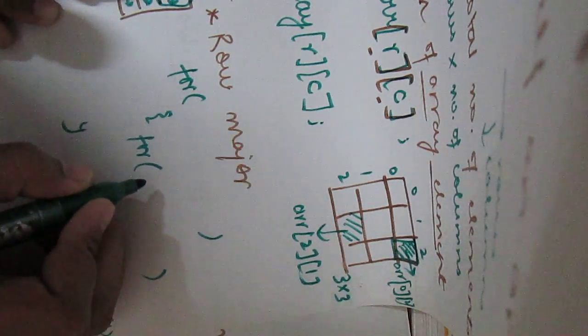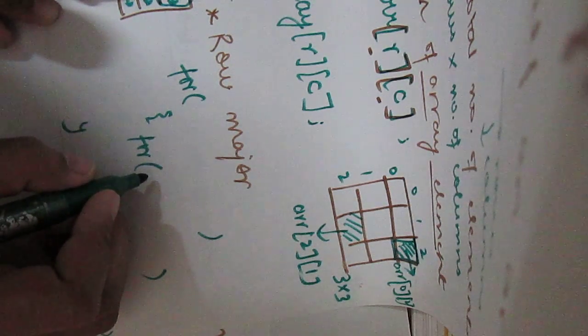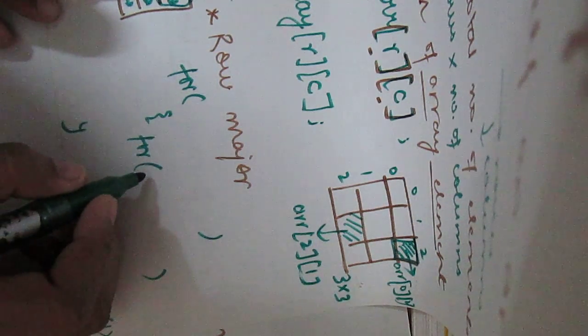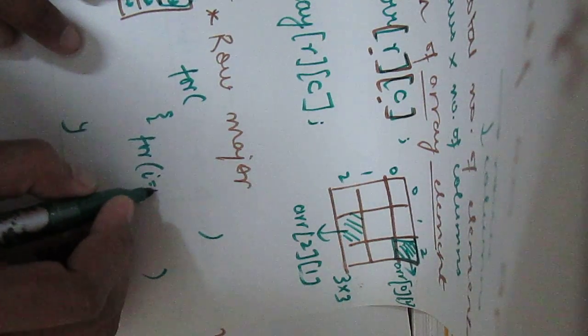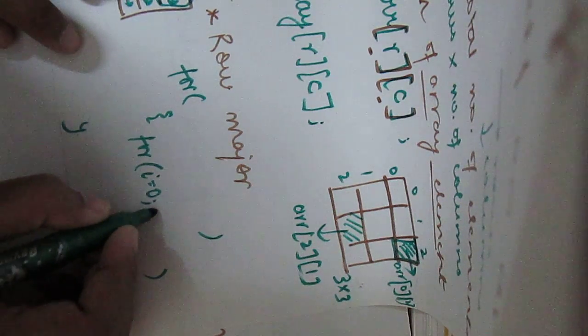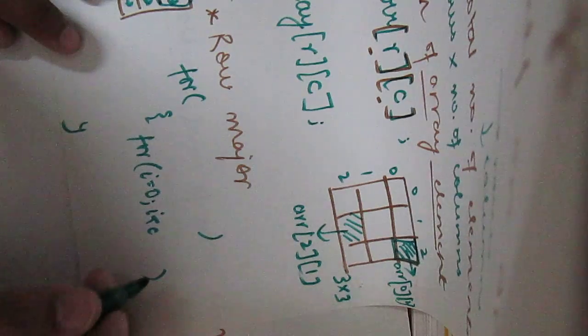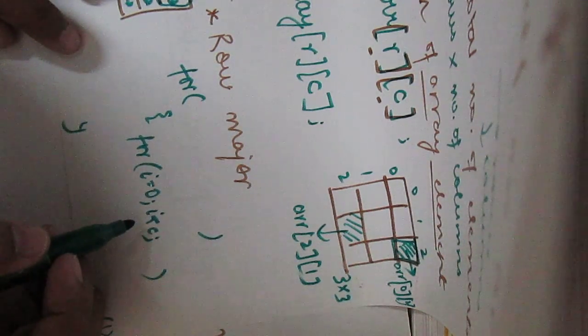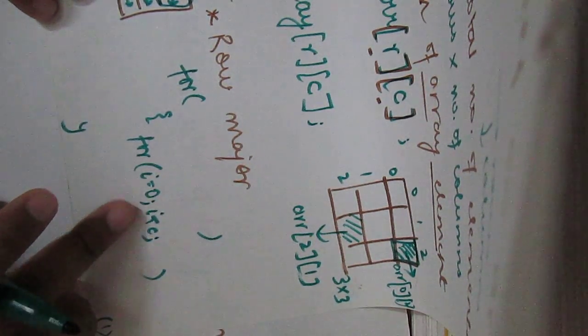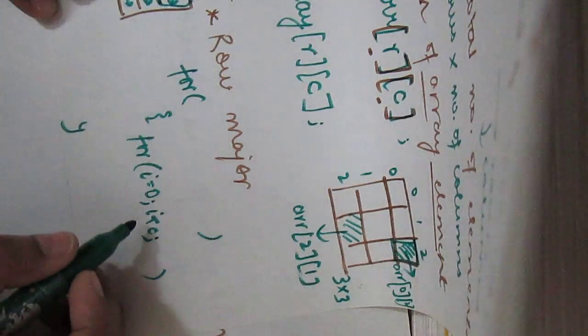So I have to go to every column of that particular row. So if we have a variable, say I, I'll write I is equal to 0, since our columns start from 0, and I less than C. Why less than? Because I cannot be equal to C, since we are starting from 0, the indices are 0 to C minus 1. So we'll have I less than C and then I plus plus.